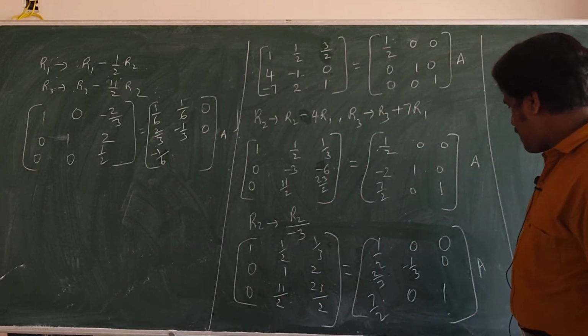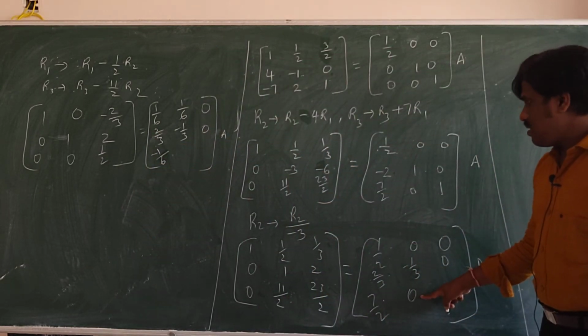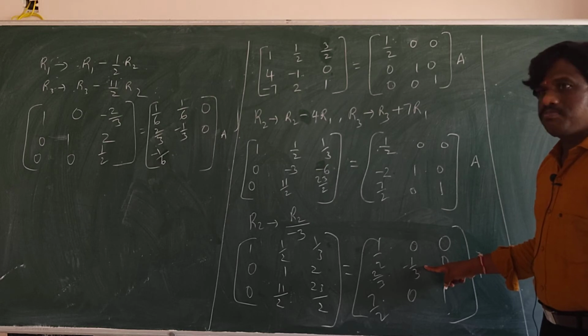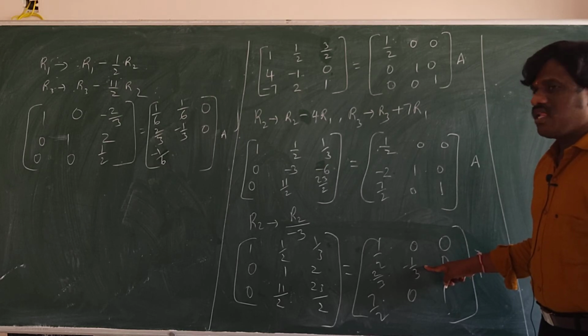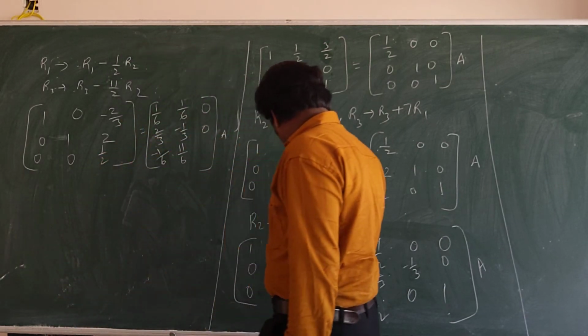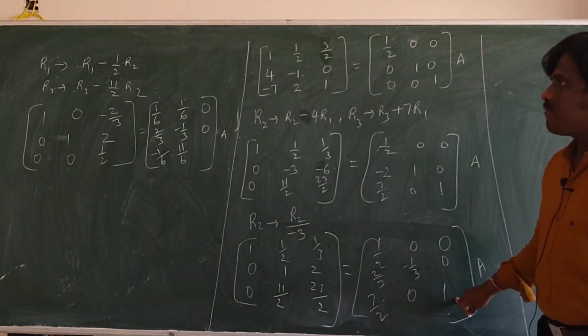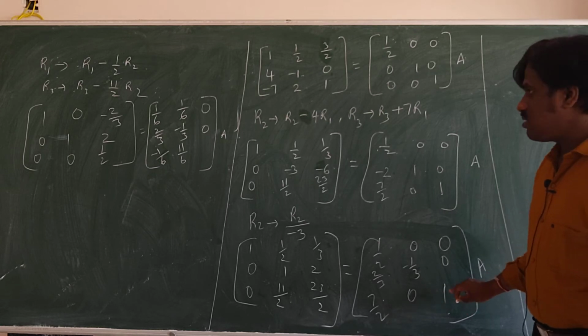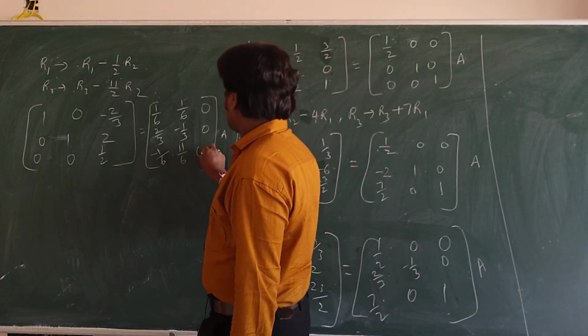Next one. 0. Minus into minus plus 11 by 6. Now here 1 minus.